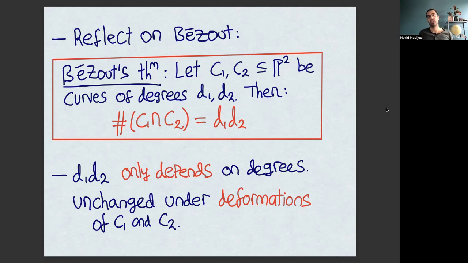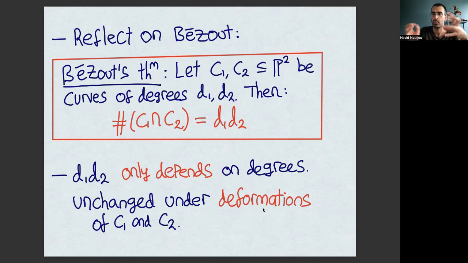So what that means is if I start with some curves C1 and C2, and then I start deforming them a little bit, shifting them around or stretching them and squeezing them, this number that I get isn't going to change. It's unchanged under what we would call deformations of C1 and C2. C1 is defined by some equation, and I could vary the coefficients of that equation in some way.